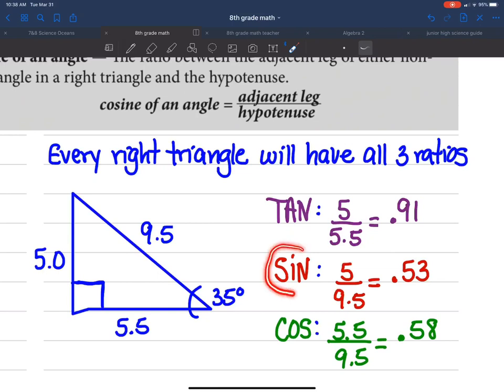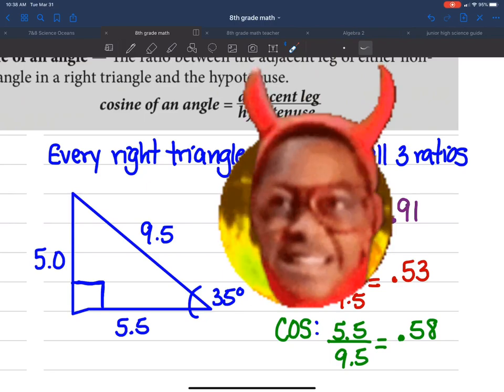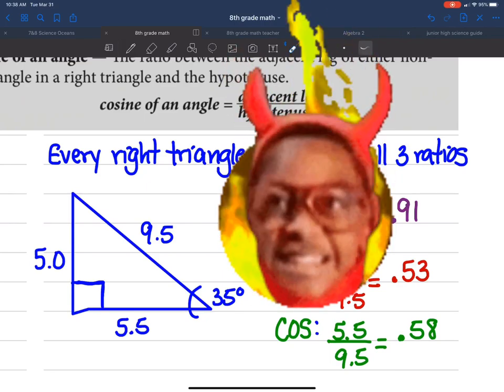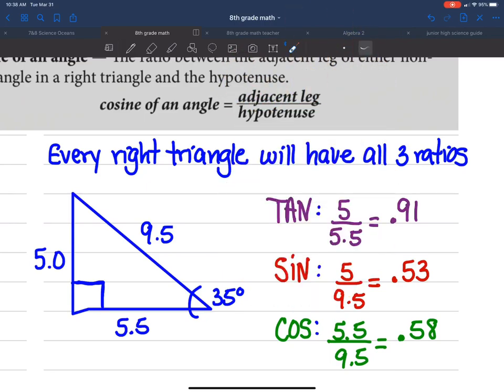The sine is abbreviated SIN. It's not pronounced sin. No, that's what you have. You are a sinner. It's still pronounced sine. Anyway, so the sine tells me that I need the opposite leg divided by the hypotenuse. So that's why I have 5 divided by 9.5.